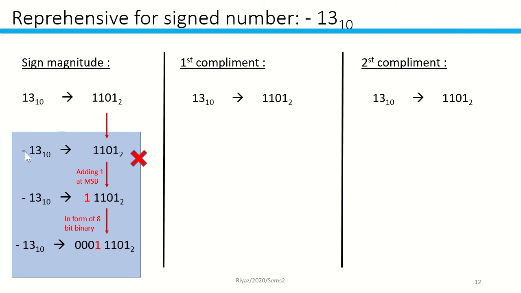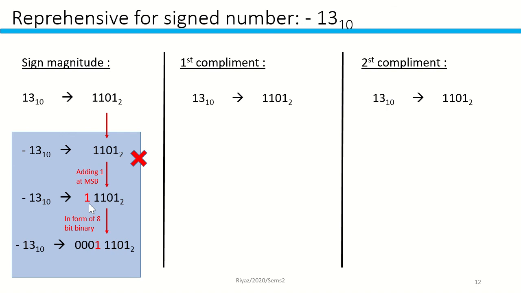So how to change to a sign magnitude? Just bring your 1101 to here, but this is not the final answer yet, so that's why I put a big X over here. We're going to add a 1 in front of it to show it is a signed number.